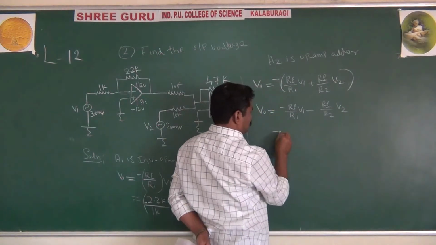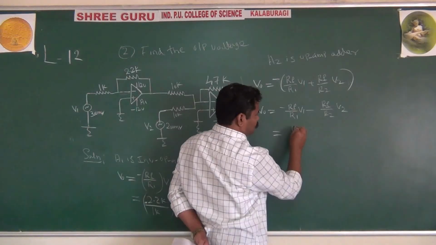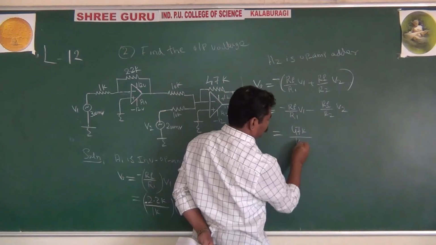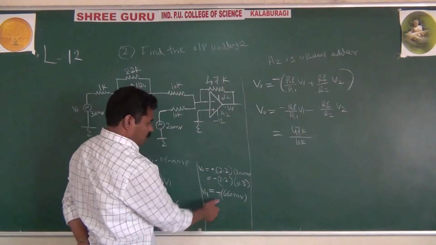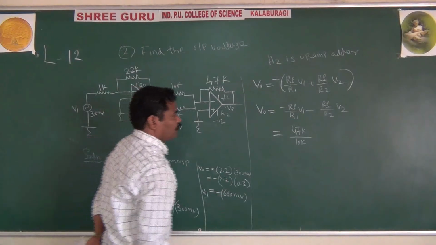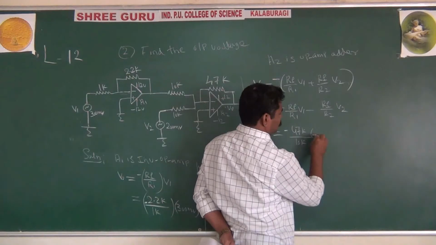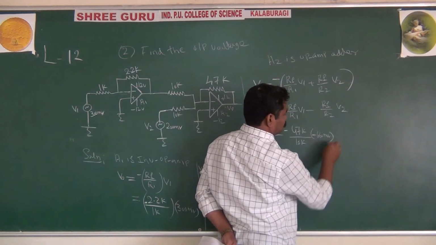Now you substitute the Rf value, that is 47K, by R1, how much? 10K, and V1, how much is it? Minus 660 millivolts; already the minus is there.